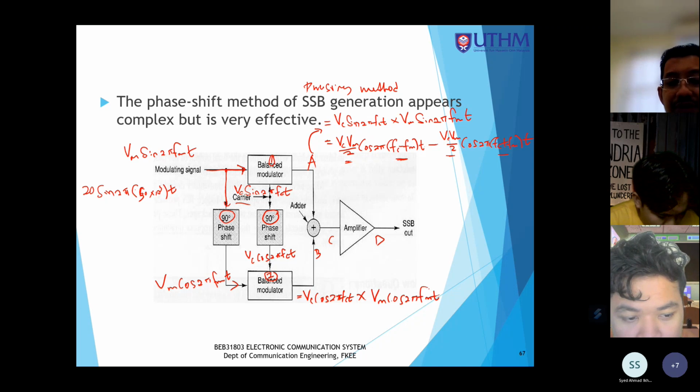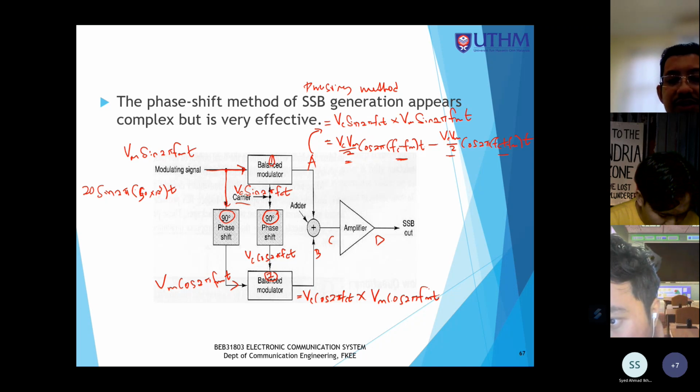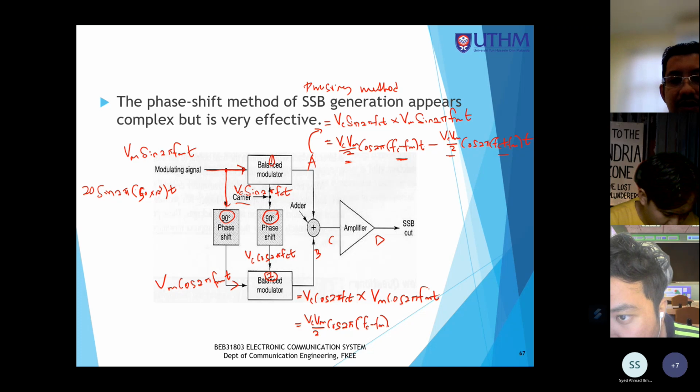So according to trigonometry identity, cos darab cos dia akan menghasilkan cos plus cos. Okay, so apa yang terhasil adalah VC VM per 2 cos 2 pi lower sideband FC minus FMT plus, ni beza dia plus. So saya padam sikit.